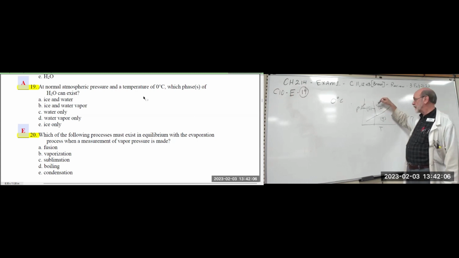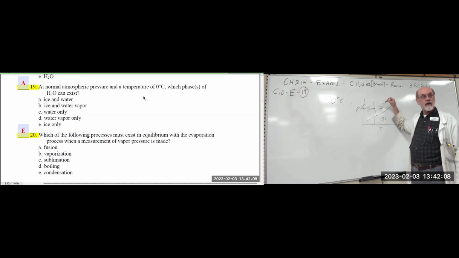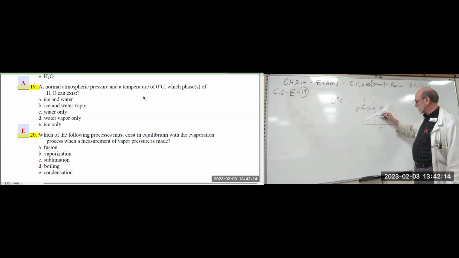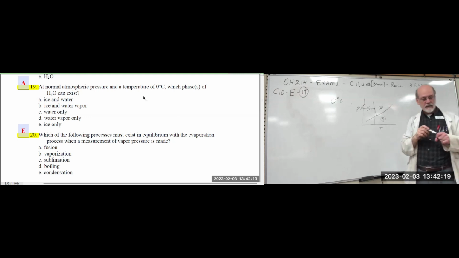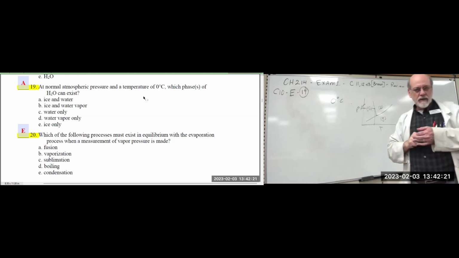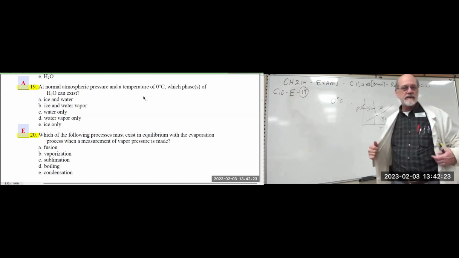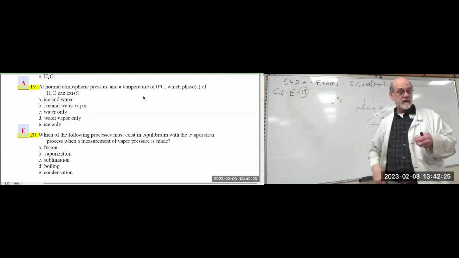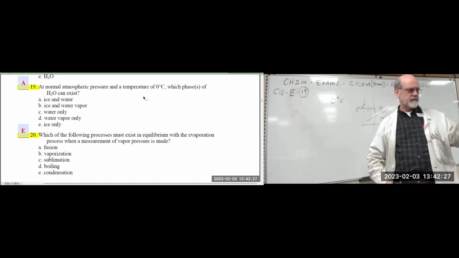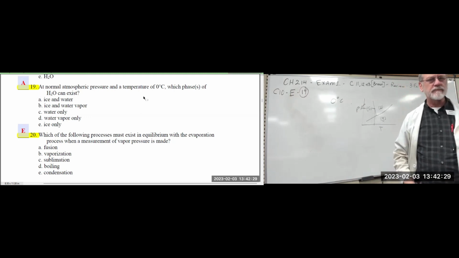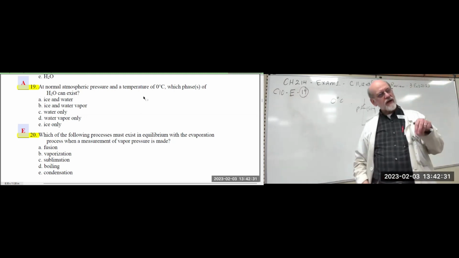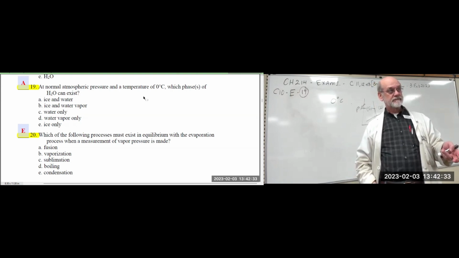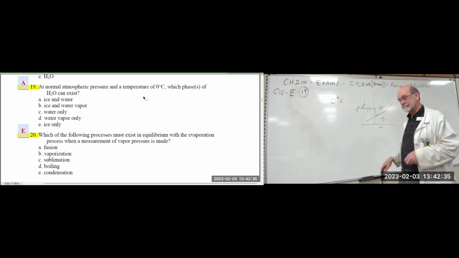Right? If you're in the space, then only the one phase can exist. But anywhere along these lines, you can get both of them at the same time. So what we're looking at is at 0 degrees and 1 atmosphere pressure. That's normal atmospheric pressure, is another way of saying 1 atmosphere. You have both ice and water together. Okay.